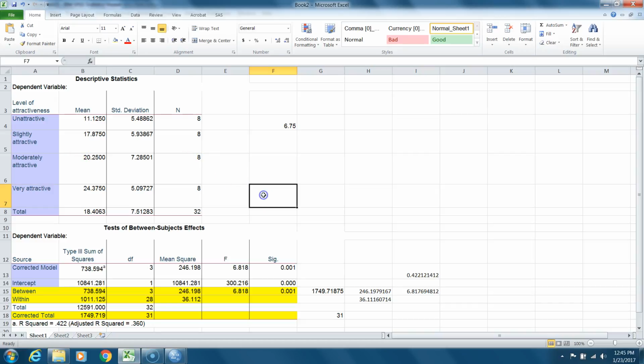Now we'll do another extreme. How about we do group 4 minus group 2, and we'll see that's 6.5. So as we shift up even further, we get another increase of 6.5. And we could do the others as well, like group 3 minus group 1.